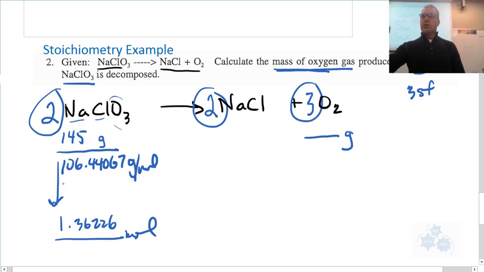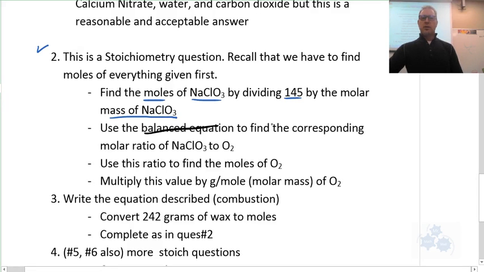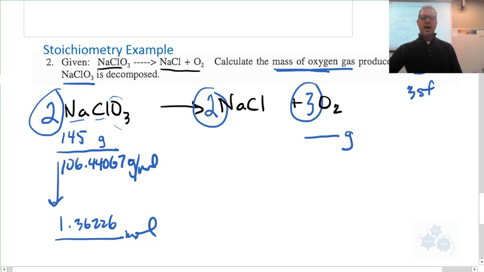Good. All right, so this was the question that sparked this conversation, because the notes here say, now use the balanced equation to find the corresponding molar ratio of these two things. So use the ratio. What does that mean? Well, that means now I have to focus on these two numbers.